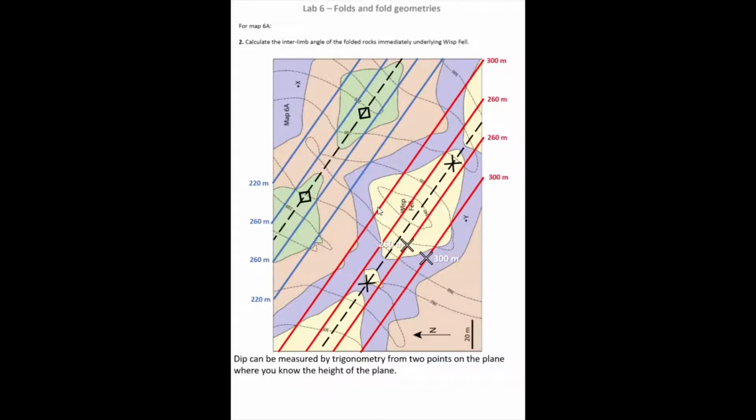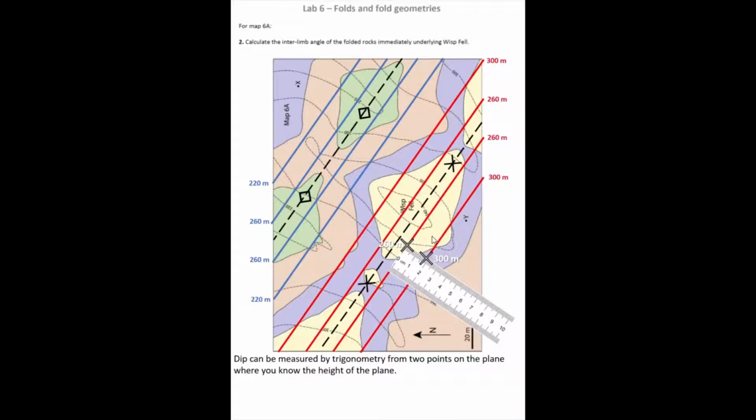Then what we need to do is calculate the dip of one of the limbs, and we can do this using trigonometry if we know 2 points on the plane where we know the height of that plane. So 2 points on different structural contours that are perpendicular from each other. So here we know that the plane between the yellow and purple bed would be at 300 meters height, and here it would be at 260.